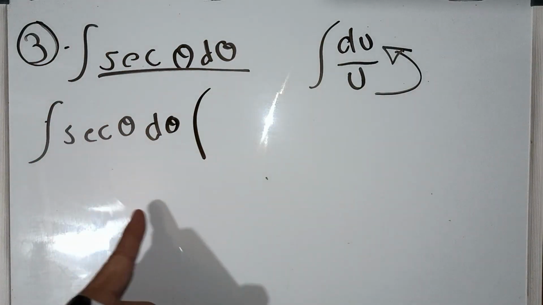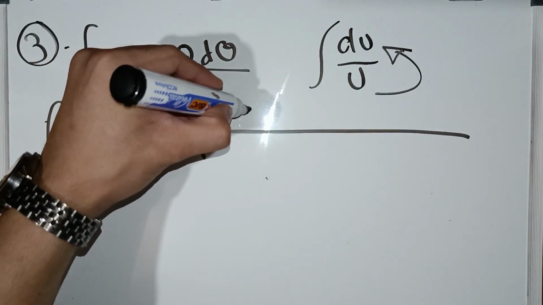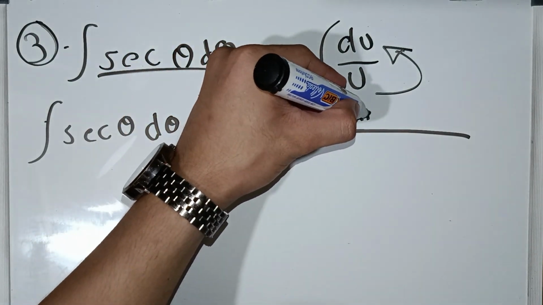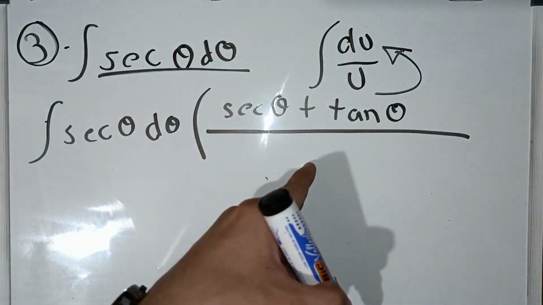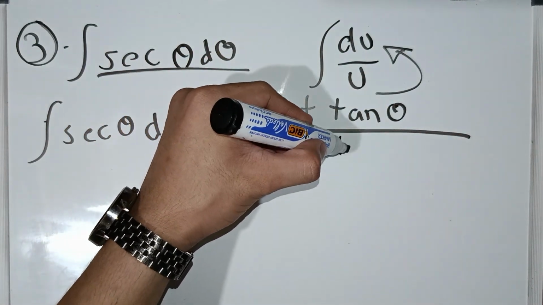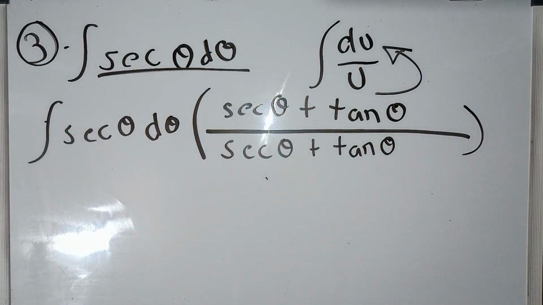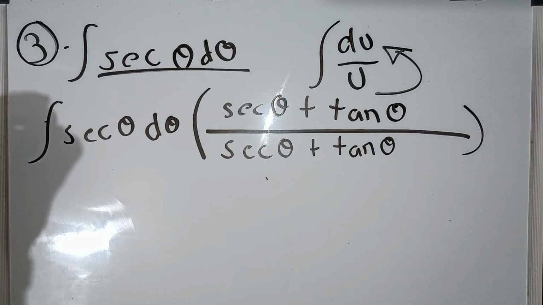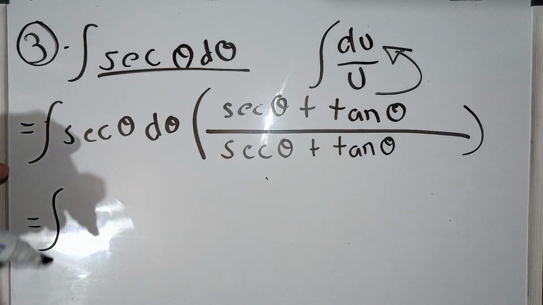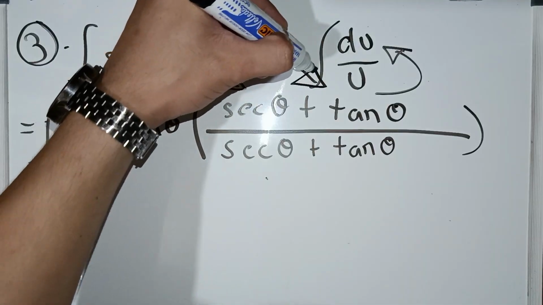So to solve this, let's just multiply it by secant theta plus tan theta all over secant theta plus tan theta. It is valid since it's just like multiplying secant theta by 1. Equal to the integral of secant theta multiplied by secant theta and tan theta.